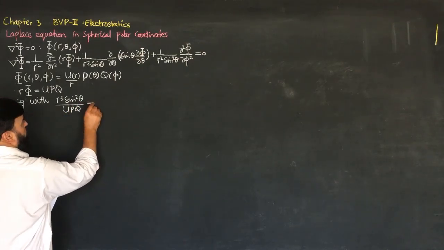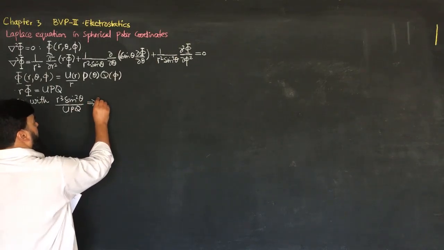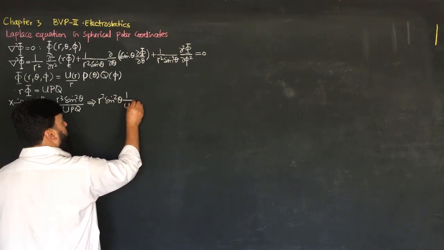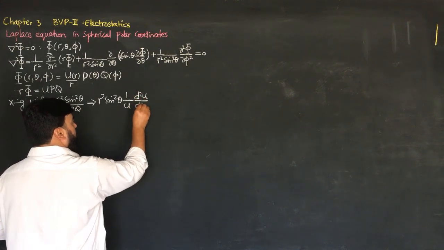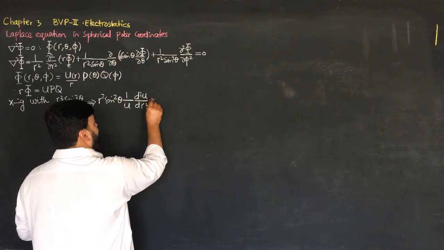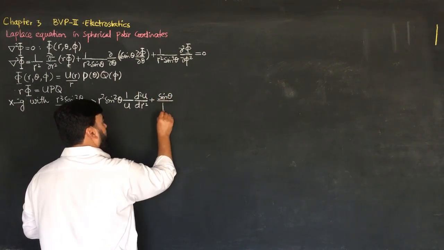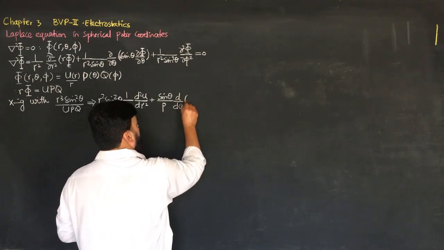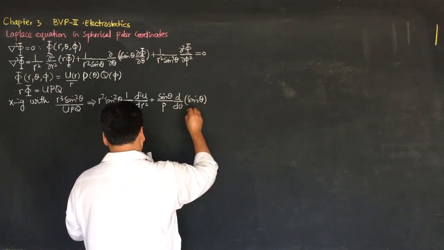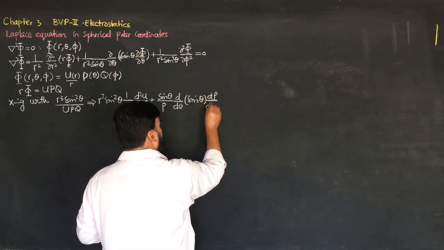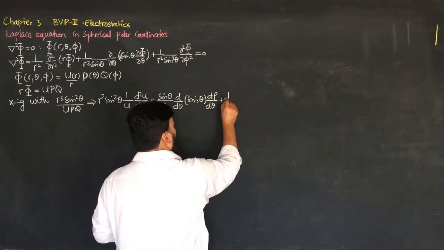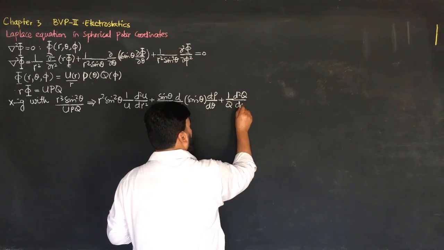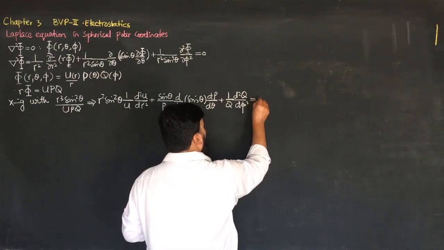Then we will get our equation: r square sine square theta times 1 over U d square U over d r square, plus sine theta by P d over d theta of sine theta dP by d theta, plus 1 over Q d square Q by d phi squared, and this is equal to 0.